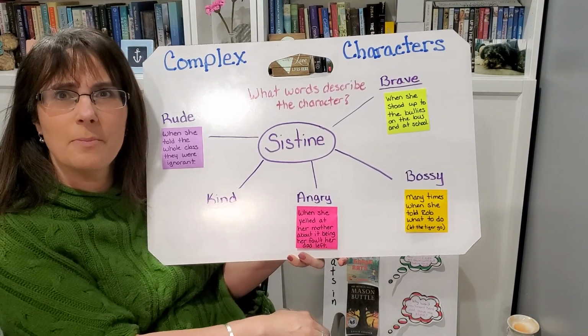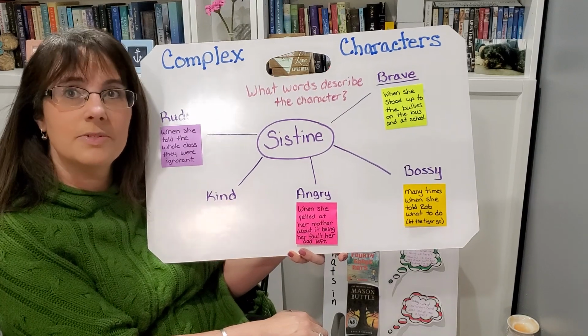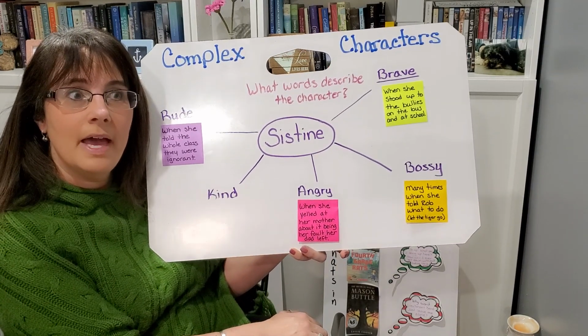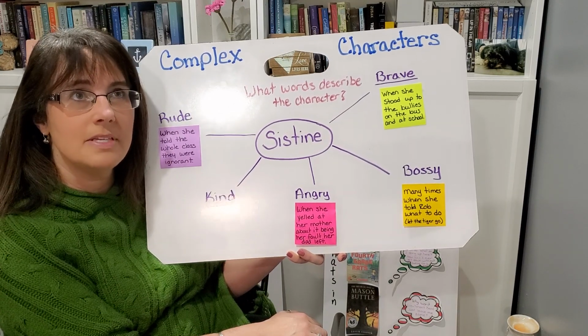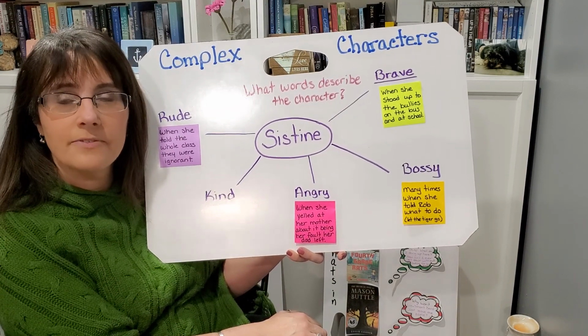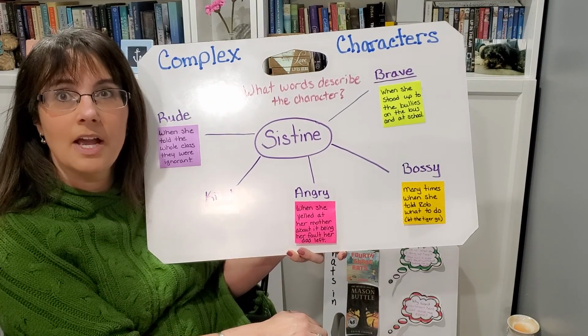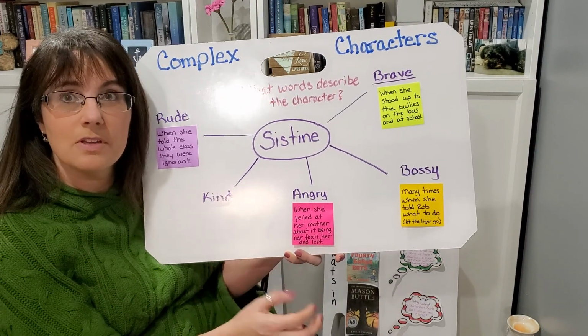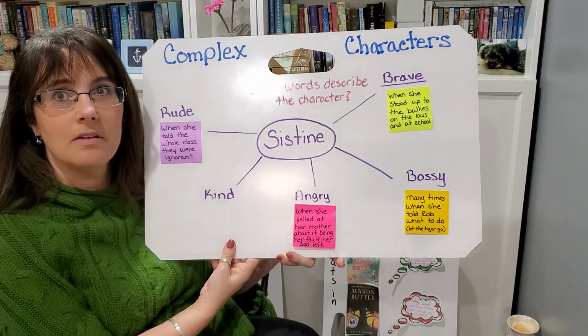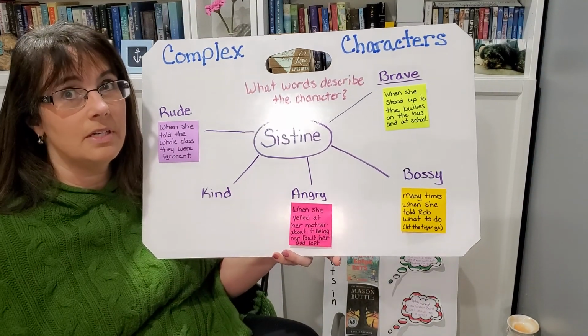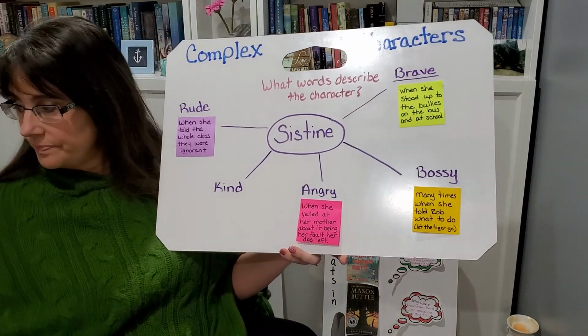She got really mad at her mom about her dad leaving, and she was yelling at her mom, and all of her anger and sadness came out. She was saying, it's your fault he left, you're the liar. She had that really angry outburst. We saw a different side of Sistine then. So that's why I put down that angry side of her. She could get pretty darn angry, even at her mom.